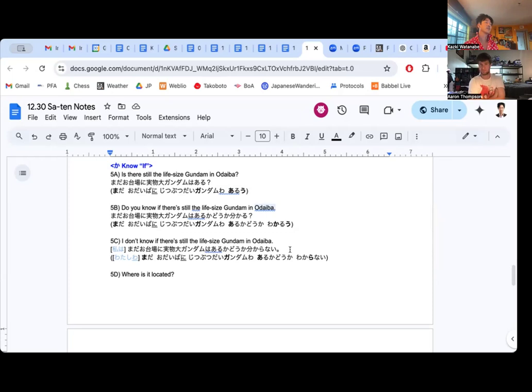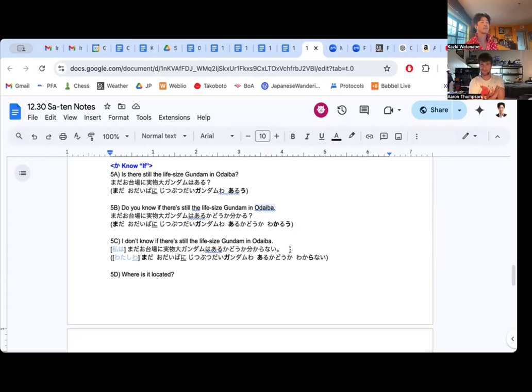ある is what you said. Ga is often replaced with something else. Ga and the object marker o often get replaced. Remember what they are replaced with? は。まだお台場に実物大ガンダムはあるかわかる？ Okay.